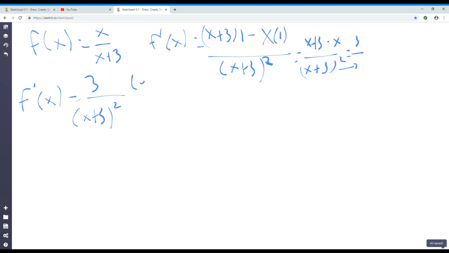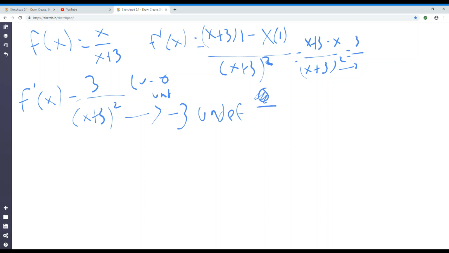Now, remember, our critical values are when our derivative is 0 or undefined. Well, our x is in the denominator, so you should know if you're in calculus that -3 would make it undefined.